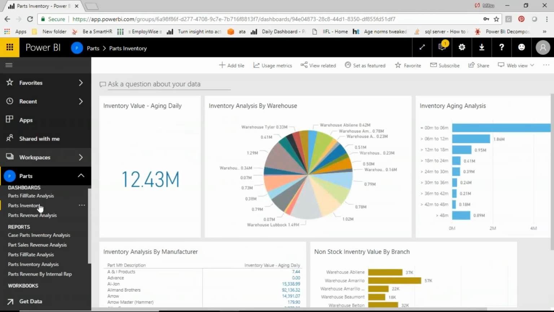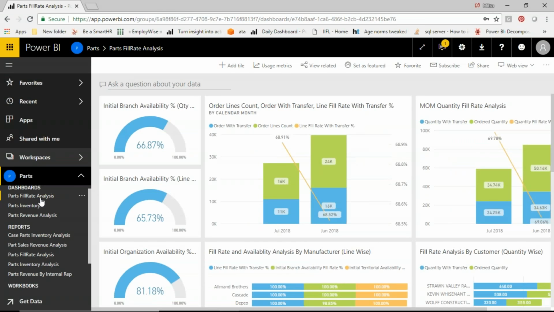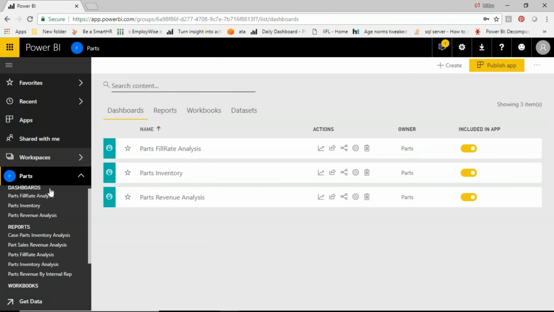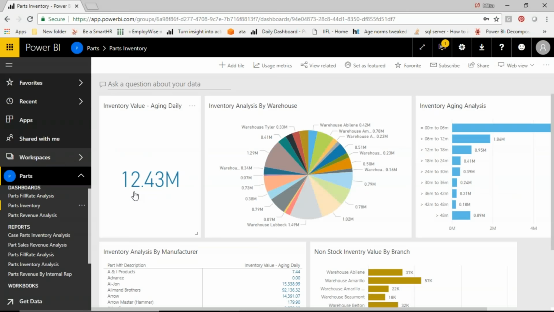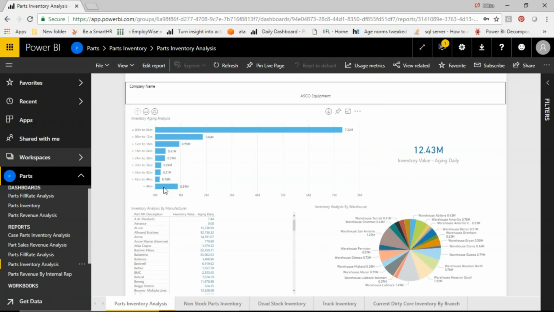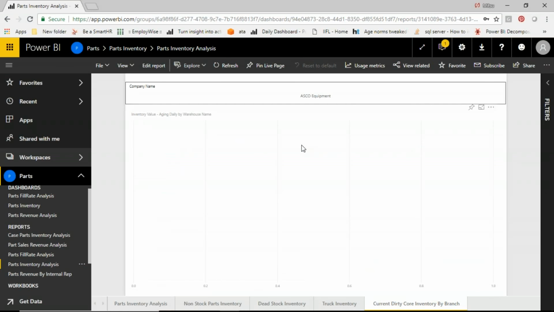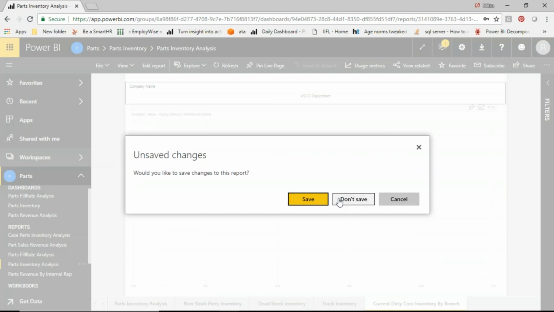Okay, I think I got one. Let me just find. Okay, part number AC, like Alpha Charlie, 187873. And I've got on hand at least 4 warehouses.